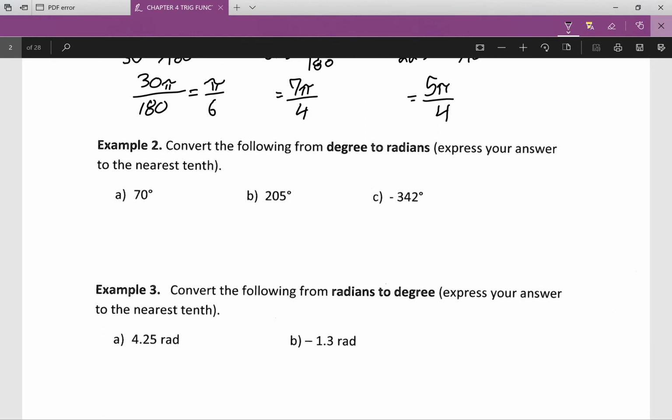Convert the following from degrees to radians. Express your answer to the nearest tenth. So in this case, we're just going to be using our calculators. And with radians, we have the advantage, it's easy.